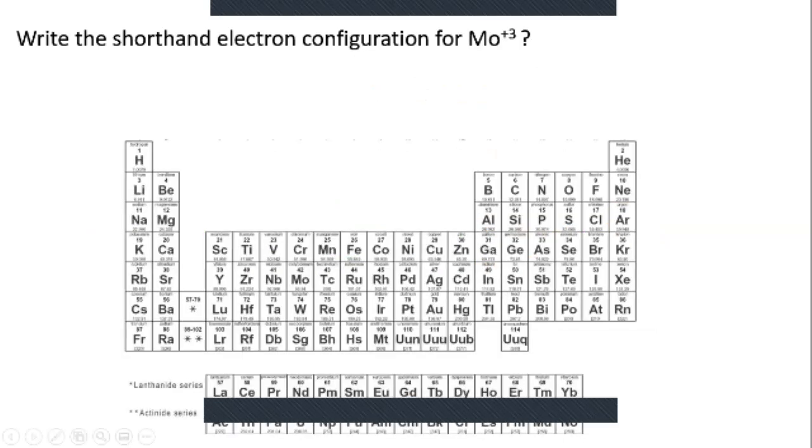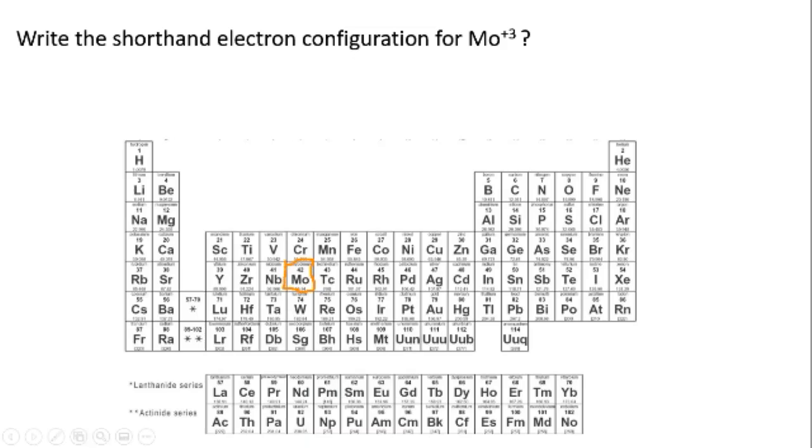Next we have molybdenum 3+. So again, molybdenum is located on the 5th row. The preceding noble gas is krypton.